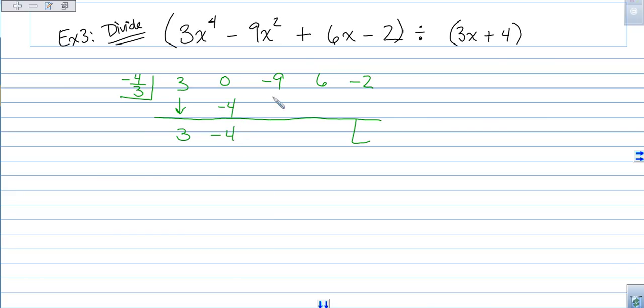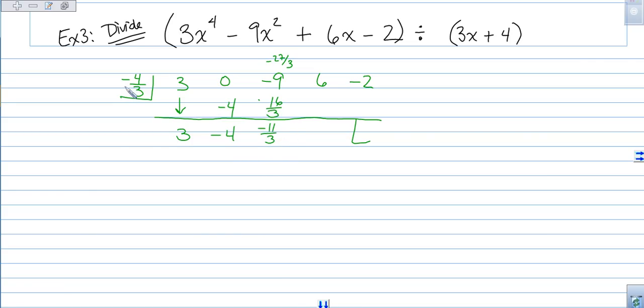And so then this gives you negative 16 over 3. Oh, excuse me, positive 16 over 3. And so this would be the same thing as negative 27 over 3. Negative 27 over 3 plus 16 over 3 is negative 11 over 3.